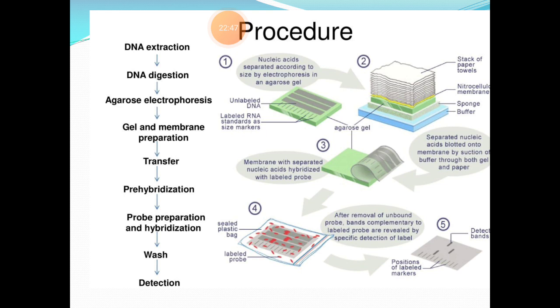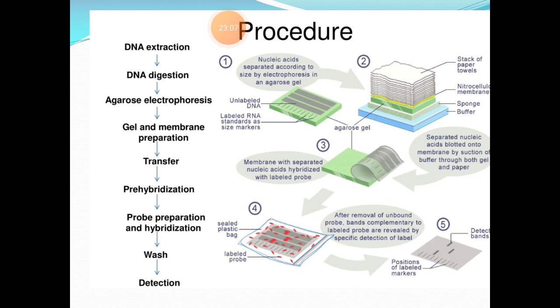This agarose gel is placed in the Southern blotting vessel, wherein at the base there is a tank containing the buffer. Above that you have a sponge. Above that you place this agarose gel, the green colored one.